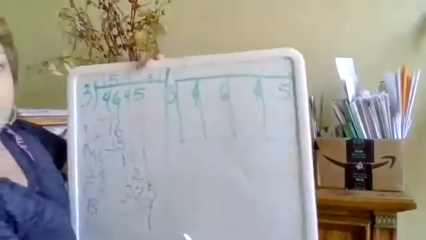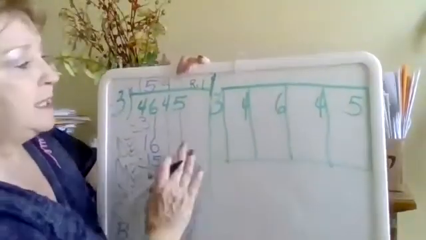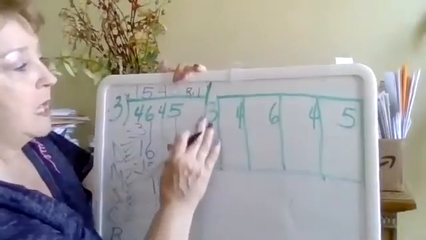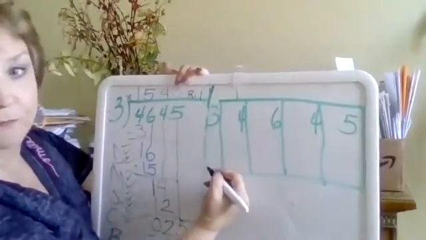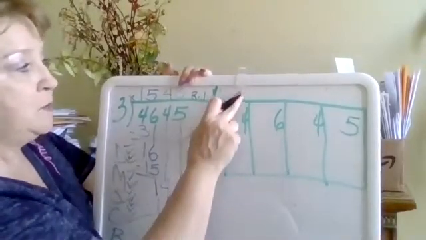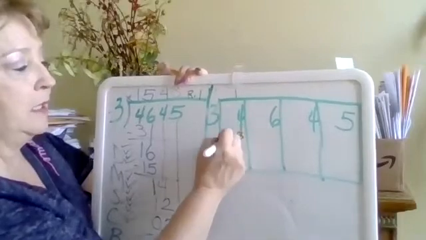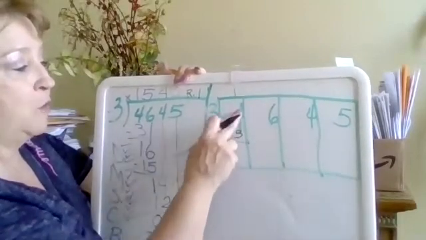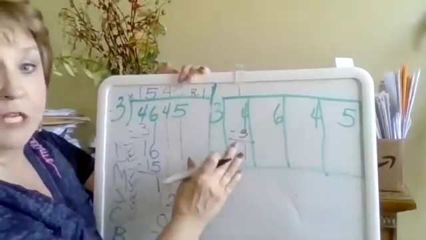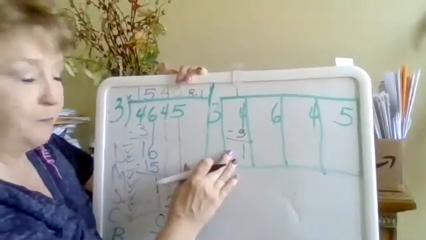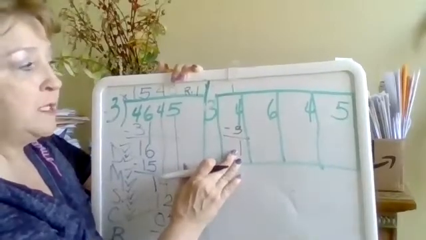Now, get a little closer for this one. This we're going across. 3 can go into 4 one time. 3 times 1 is 3. 4 minus 3 is 1. It's the same, but it's just in a different format. Okay, so what do I do with this one?